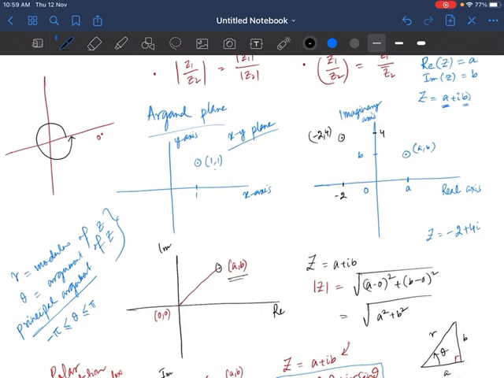0 to 2 pi is this one. Now I am saying that the principal argument is minus pi to pi. How do we get this?